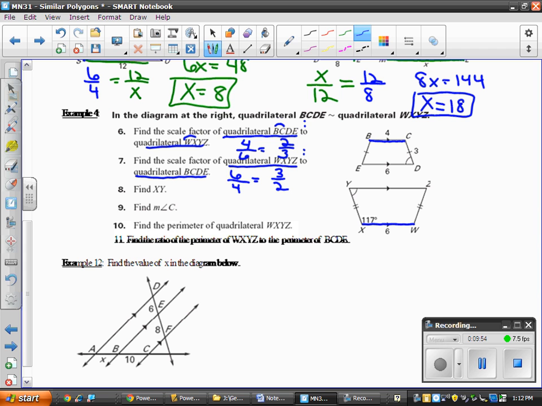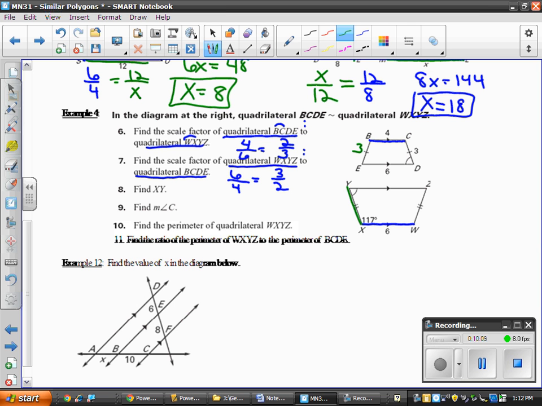So now it says find XY. So I'm looking for XY. I'm going to switch colors here. XY is this length right here. Now we know that up here, CD is 3 and so is BE.